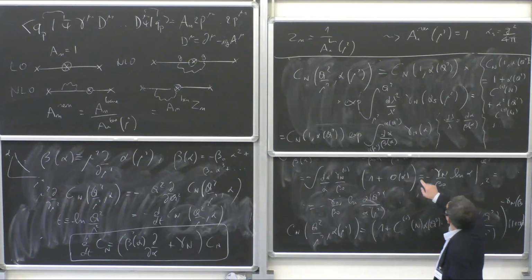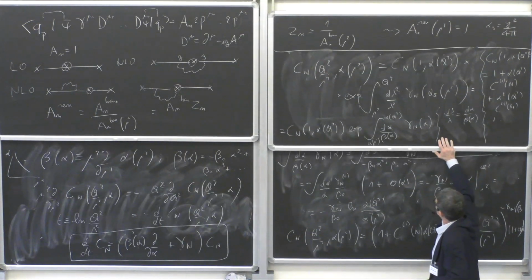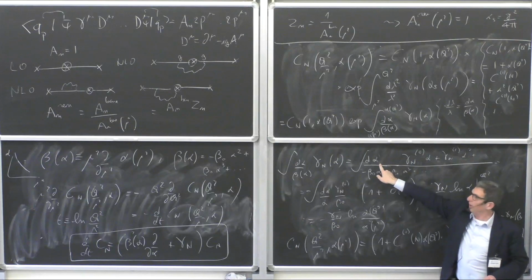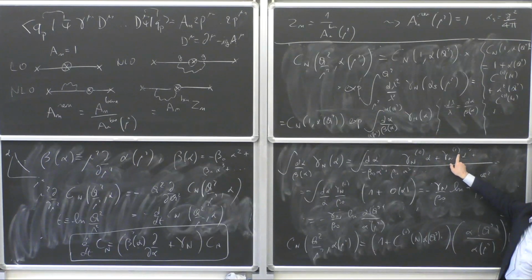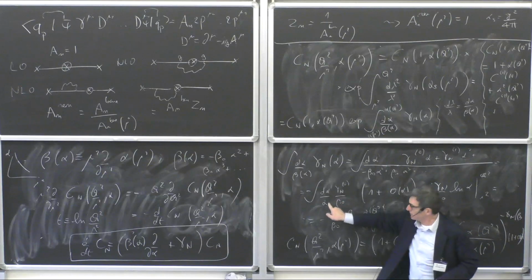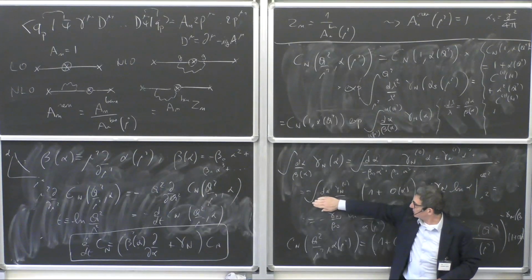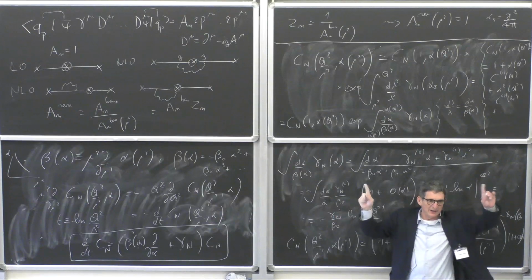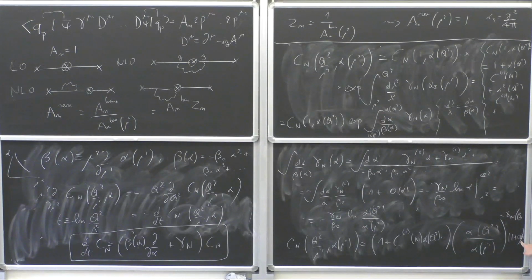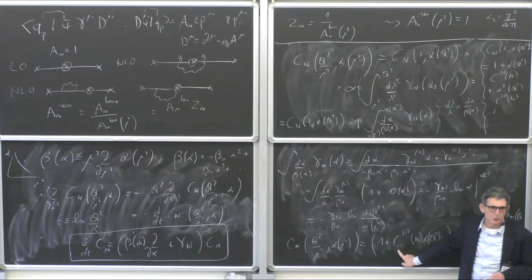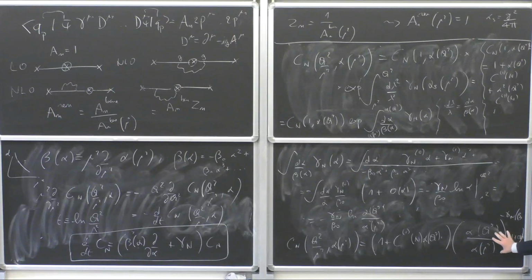The 1 plus order alpha is what I would get if under the integral I included the next to leading correction. Here the integral was logarithmic. The next correction would be without alpha, and then this would be linear in alpha. I expand it out, and it would be order alpha, the same order as C1. So this scale dependence which I found should actually be included in the leading order.